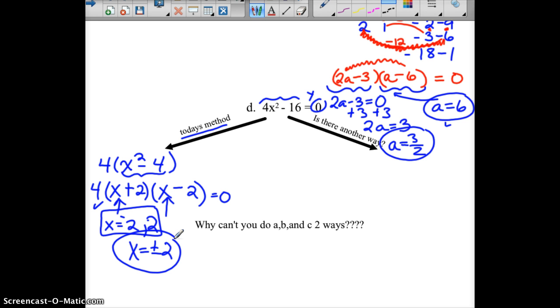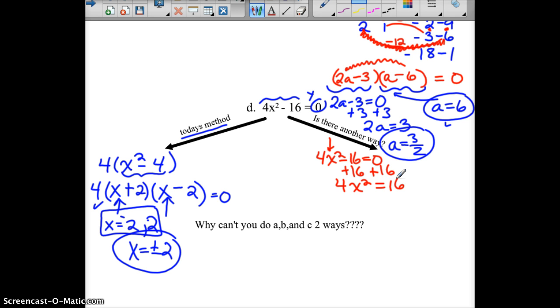Now, is there another way to do this one? And there is, because of the lack of the b term, because there's no x term in this one, I can attack that with pure algebra, like we did in section 9.3. I can attack x. I can get rid of the 16 by adding it to both sides.